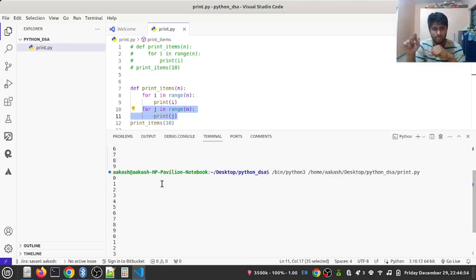A constant amount of time it is taking for a particular input. Let's suppose the input is 10, so how much time will it take? 10 means 10, 20 operations it is doing.